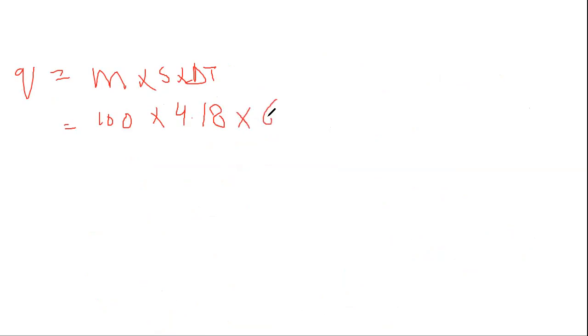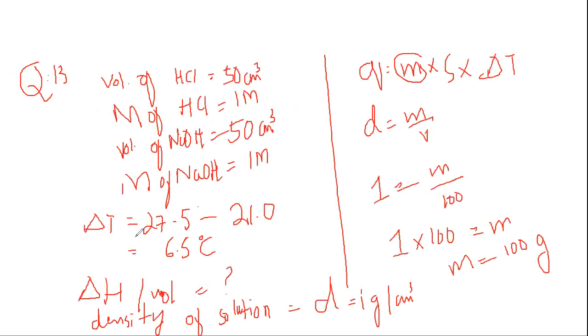So Q is equal to M multiplied by S multiplied by delta T. Mass is 100 grams multiplied by the specific heat, and we know that water will form, 4.18 joule per gram per Kelvin, multiplied by the change in temperature, that is 6.5. If you remember, we have calculated the change in temperature here, and that is 6.5 degrees Celsius.